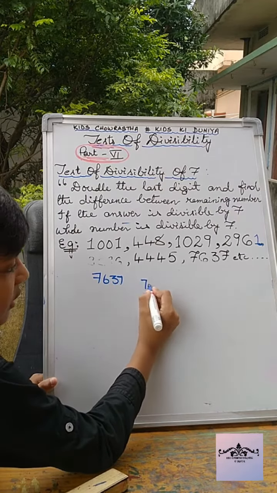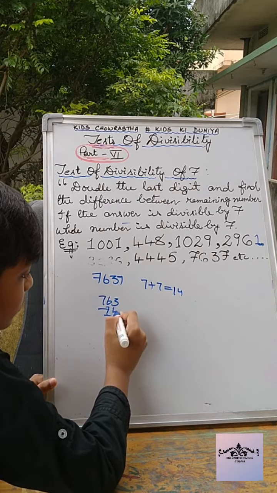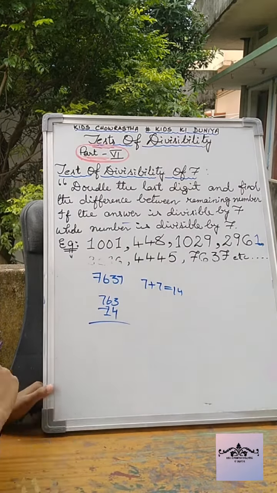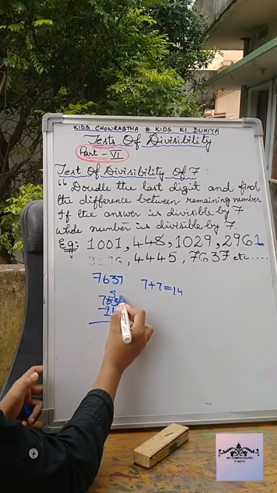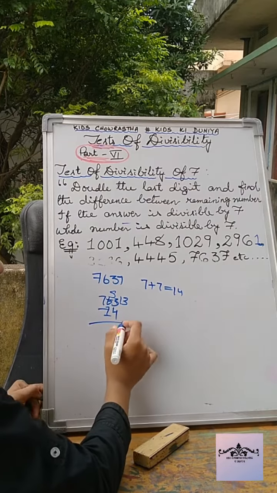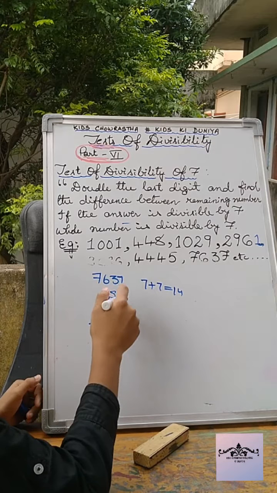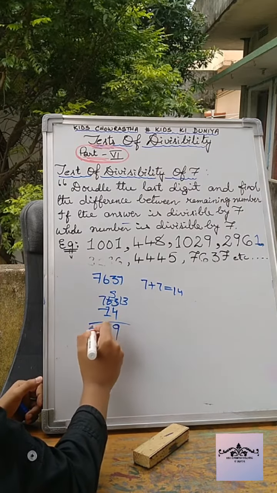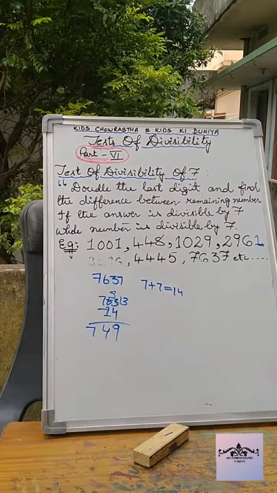Last number we are taking is 7. Double 7 is 14. 763 minus 14. 763 minus 14 is equal to 749.